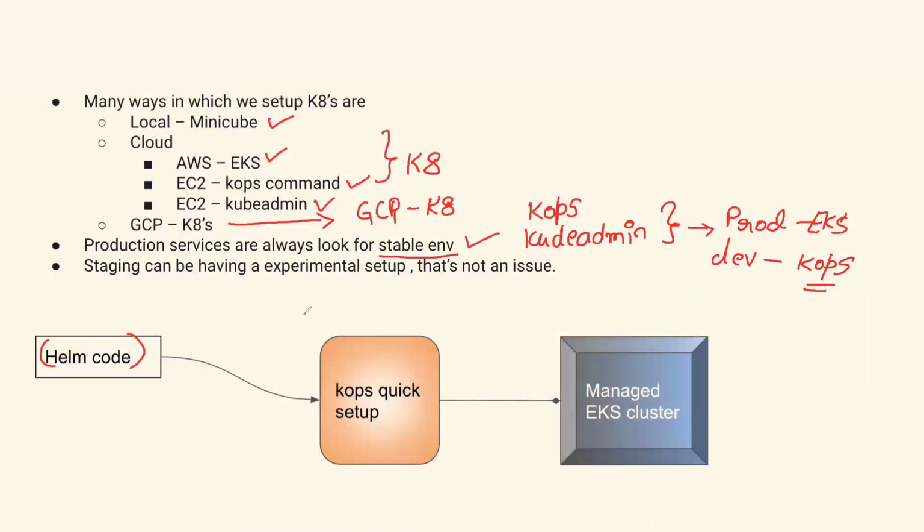The first setup that people can use and test is kops, where a quick setup is done to test. If you want to test something quickly on Kubernetes, you can use kops and set it up. But for production services, we are implementing a managed EKS cluster in AWS, which offers a lot more flexibility in terms of maintenance, scalability, etc.